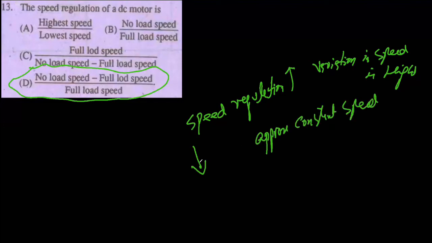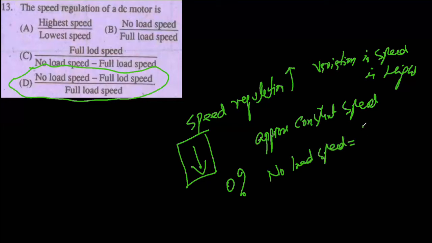And ideally, we should keep it as low as possible. And if the speed regulation is 0%, then your no load speed will be equal to the full load speed.